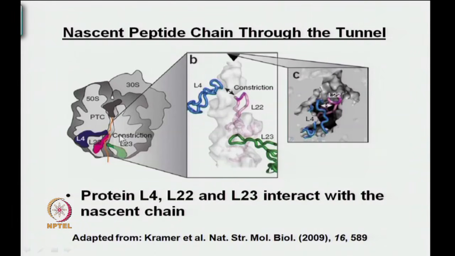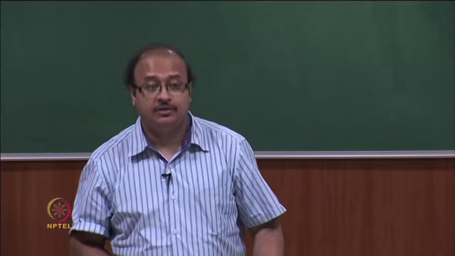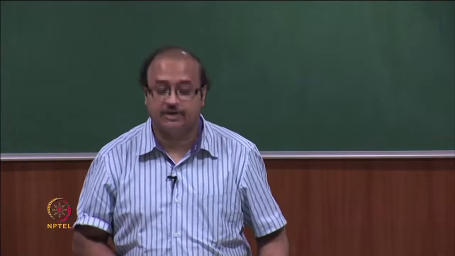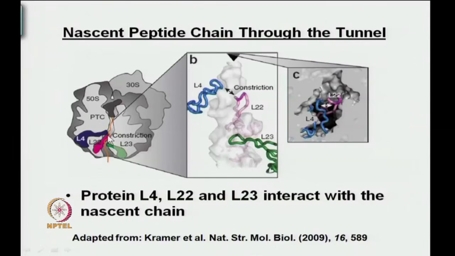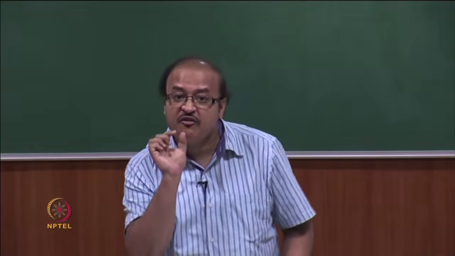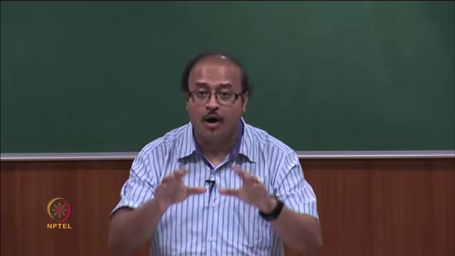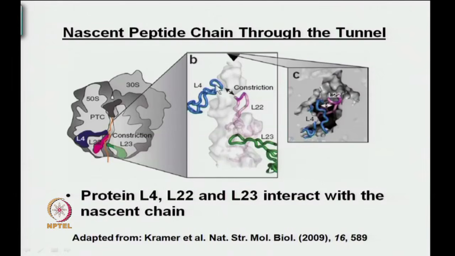Now, at this place where L22 and L4 meet, at these two places, the blue and the magenta ones, to the right of it is written constriction. What this means is that throughout your tunnel, it does not have a uniform width. As and when you reach the place where L4 and L22 merge, the tunnel is very constricted, that means very narrow at that point. If you blow up this portion, that is what you see in panel B. You can see L4 and L22, and the constriction is labeled here.